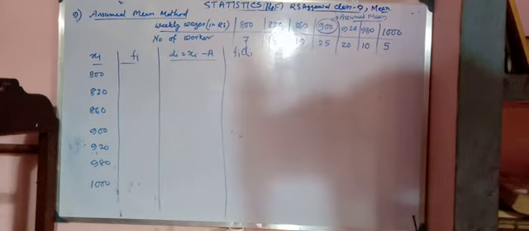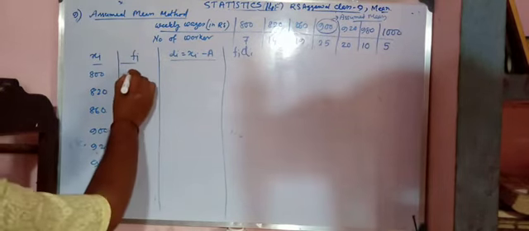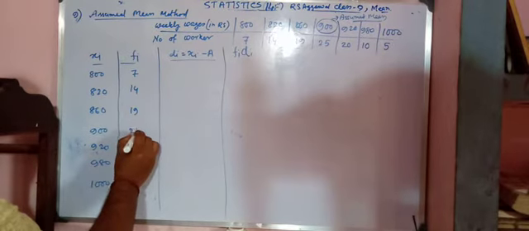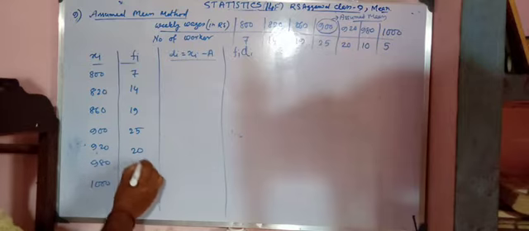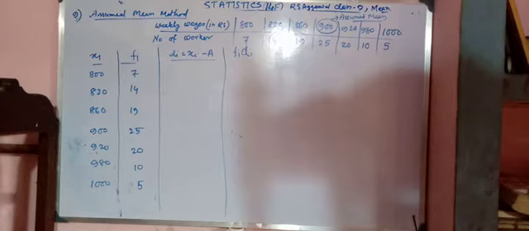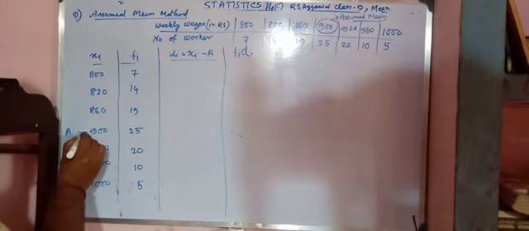Now corresponding fi: this is 7, this is 14, 19, 25, 20, 10 and 5. Now here my assumed mean is a.